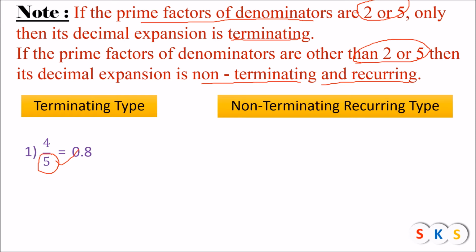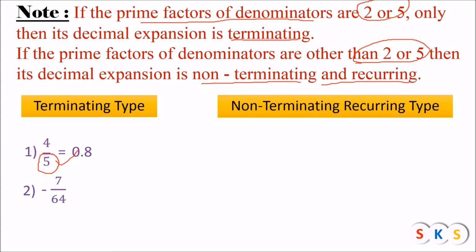So how did I come to know that the decimal form of this fraction is terminating? With the help of the prime factors of the denominator. If the prime factors of the denominator are 2 or 5, then only will the decimal expansion be terminating.